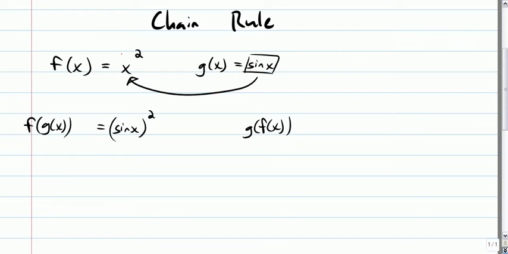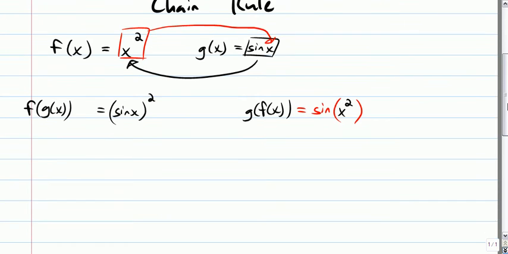So you could take x squared and plug it in for the x in sine x. So that would be sine of x squared. So you have two different compositions here, and two different opportunities to apply the chain rule.